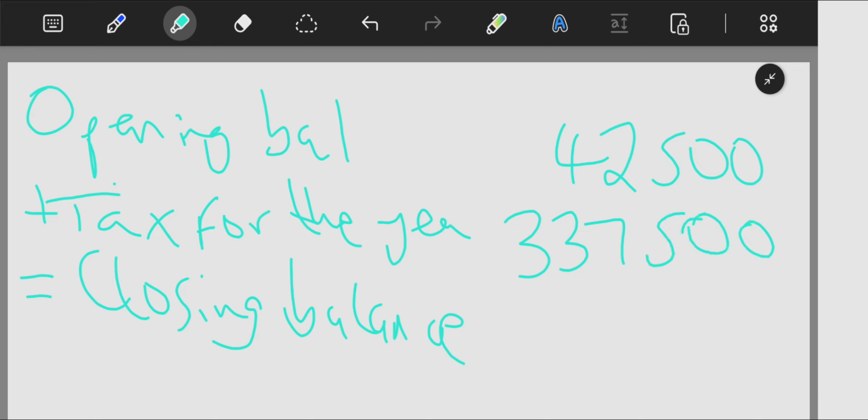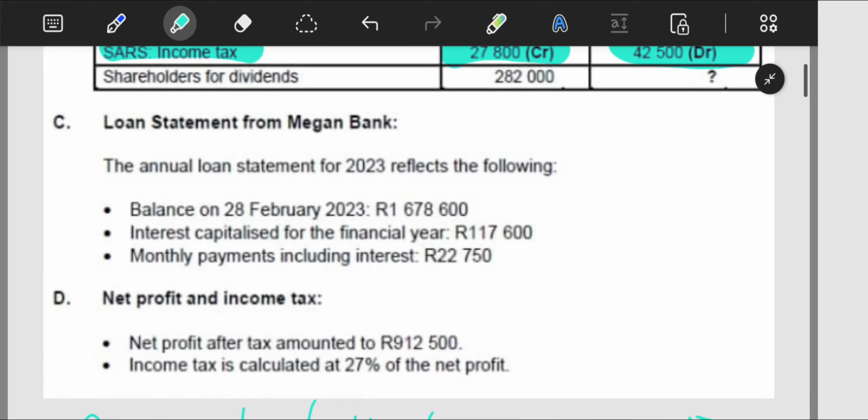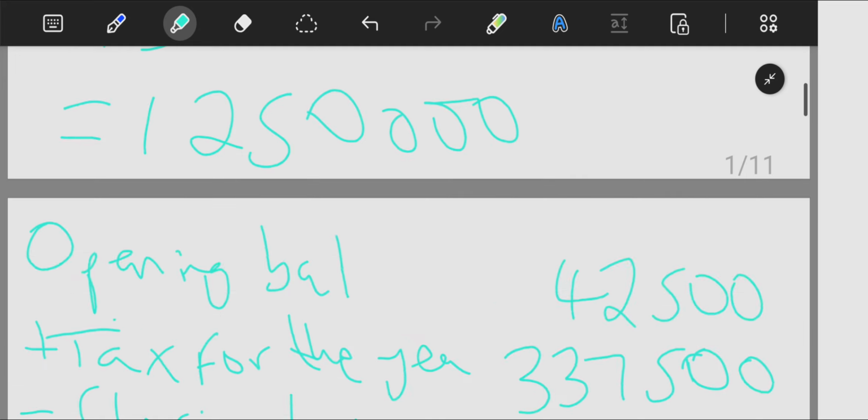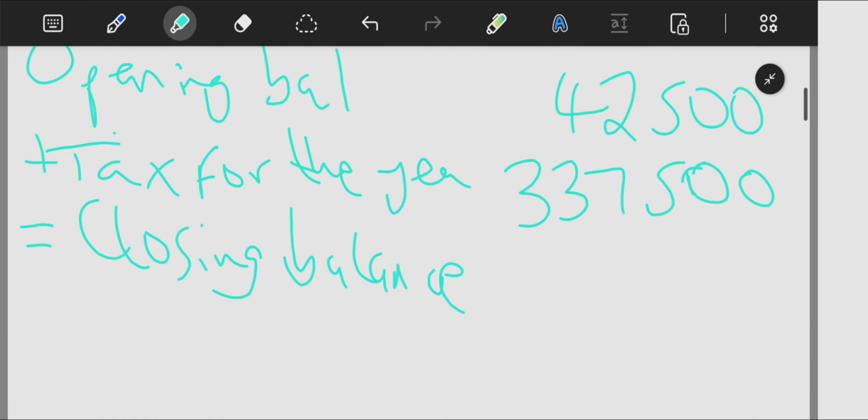And then our closing balance is 27,800. Now let's make logic of this.